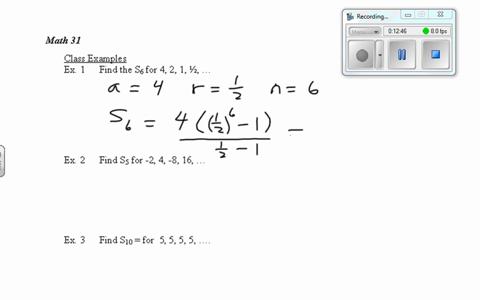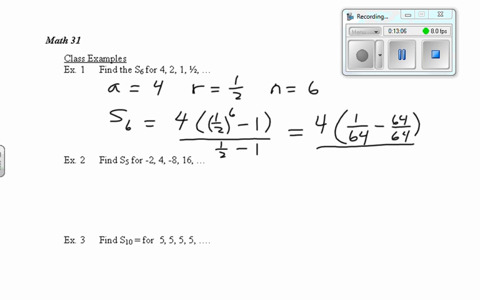All right, so 4. 1/2 to the 6th power, I'm going to say that's 1/64. Minus 1, I'm going to say that's -63/64.